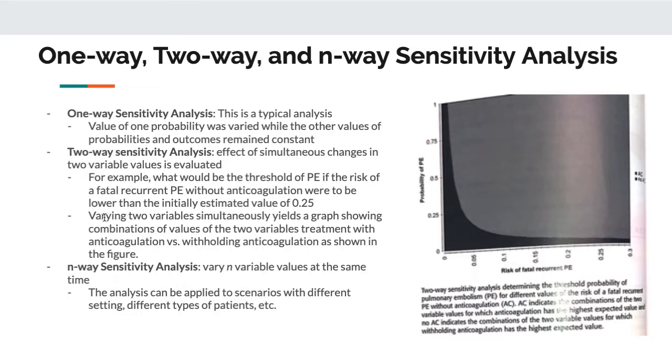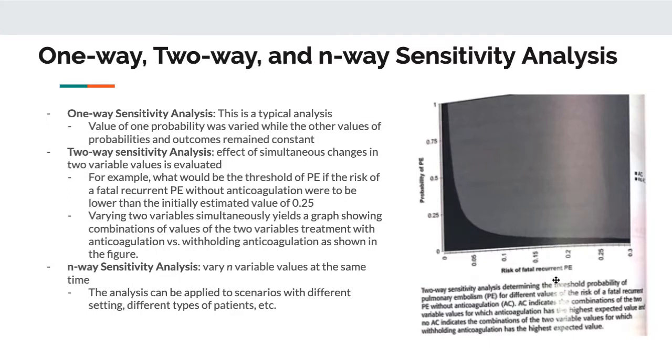So varying two variables simultaneously, we have a graph showing the combinations of the values of the two variables, treatment with anticoagulation and withholding anticoagulation, in the graph right here. So we see that the domain of the AC scheme is going to be the gray area, and the no AC scheme is going to be the black area right here.